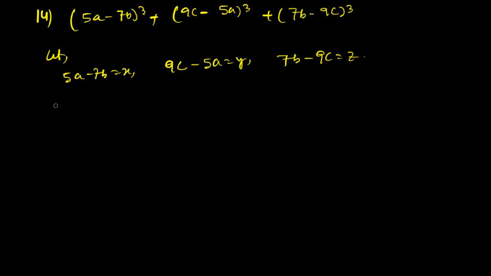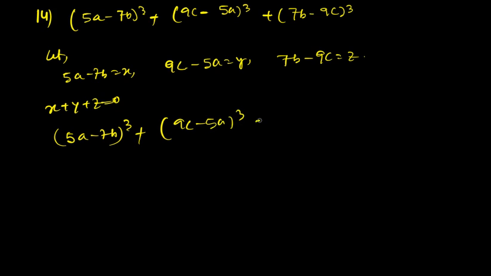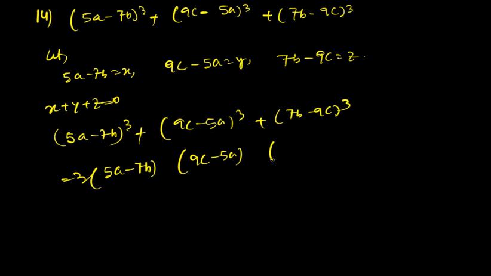And then we can see x plus y plus z equals 0. So obviously the sum of the cubes is equal to 3 into 5a minus 7b, 9c minus 5a, 7b minus 9c.